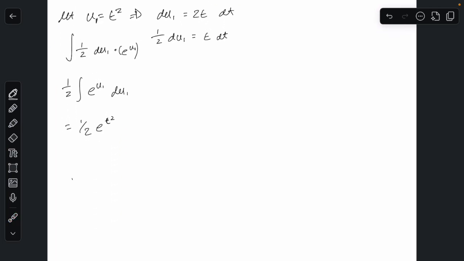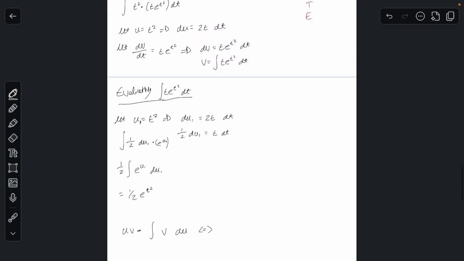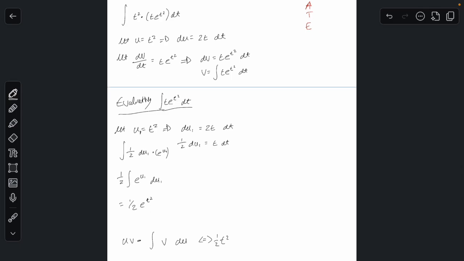So uv minus the integral of v du. If we apply that, we've got t squared, actually a half t squared, that's v, and then we've got t squared.